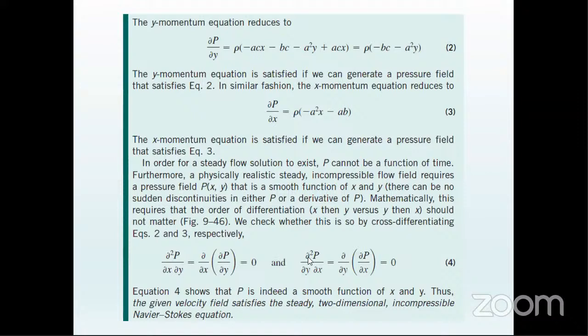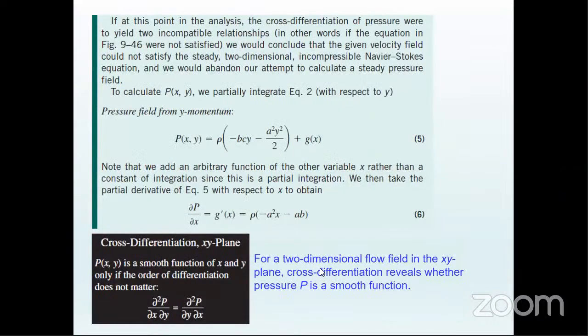Here what this equation shows is that del square p over del x del y, or del square p over del y del x, must be equal to 0. If we integrate this, it shows that the pressure is indeed a smooth function of x and y, with partial derivatives. The given velocity field satisfies the steady two-dimensional incompressible Navier-Stokes equation.